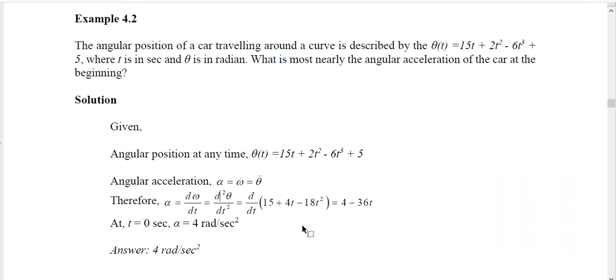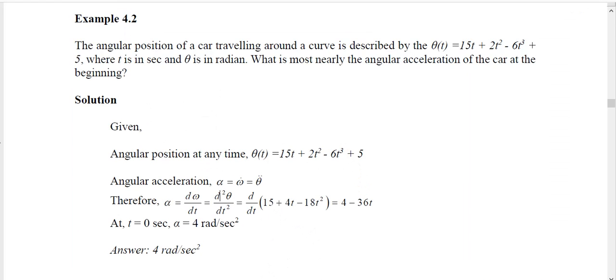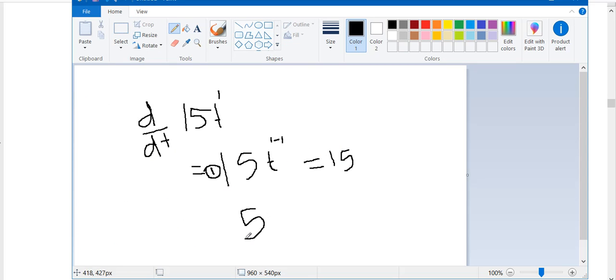Then 2t square: 2 will come down and become 4, and the power of t becomes 1, decreased by 1. Then here the power 3 will come down, it will become 18, and the power becomes 2, because it was 3, now it is 2. Why is there nothing here? It is actually 0. Differentiation of any constant number is 0. The number was 5, and there is nothing here.